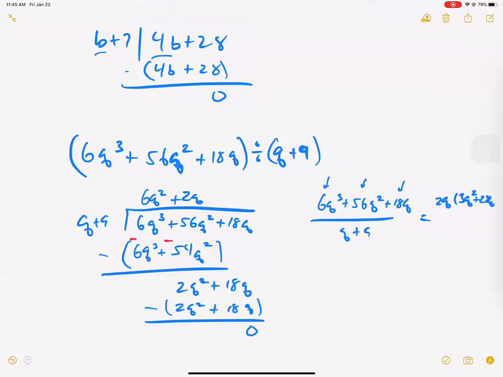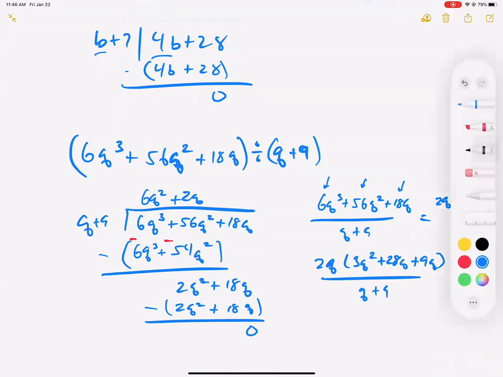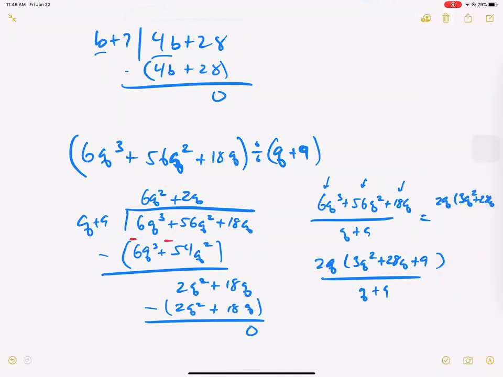I should write this a little bigger, I'm sorry. So we have 2q times 3q squared plus 28q plus 9, over q plus 9. I can factor this to be 3q plus 1 and q plus 9.